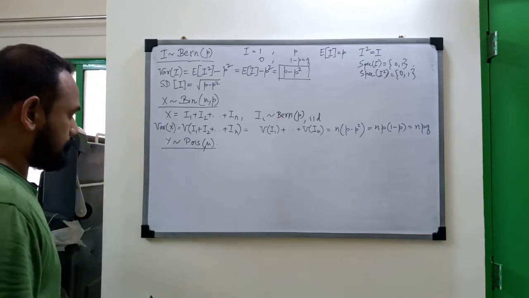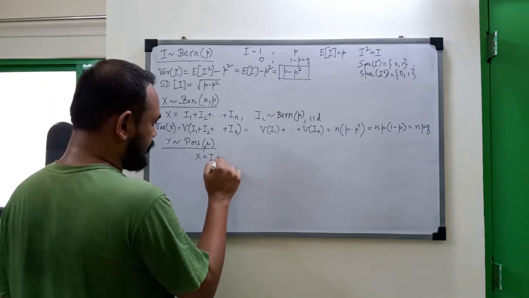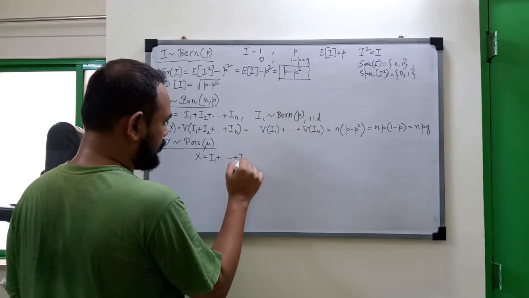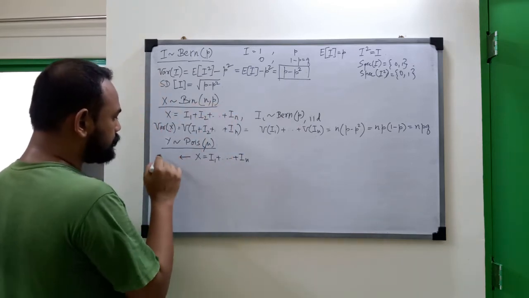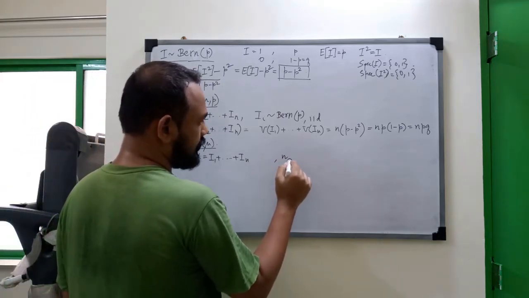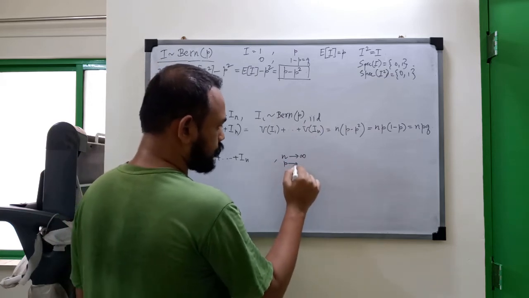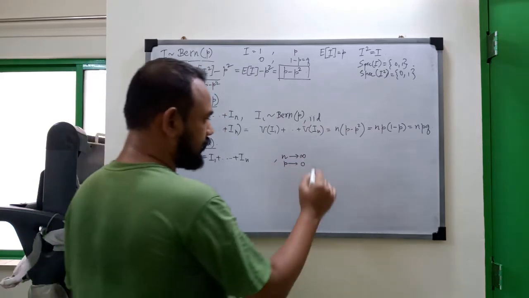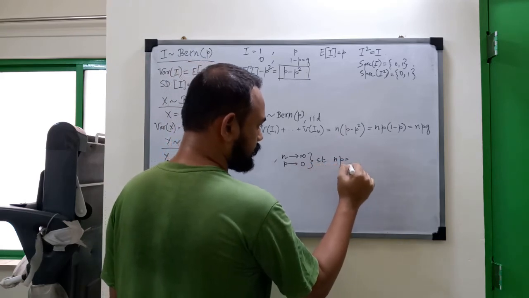binomial distribution. Remember that if x is a binomial distribution, it becomes a Poisson distribution when this n becomes big, but p becomes small, such that the product is a constant.